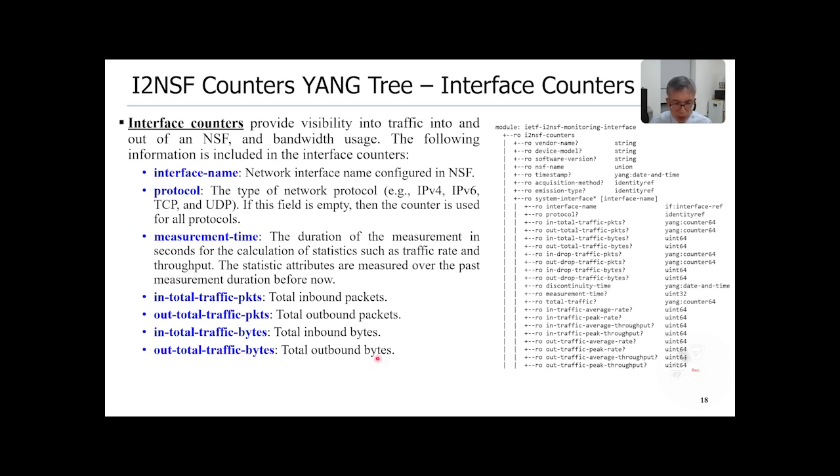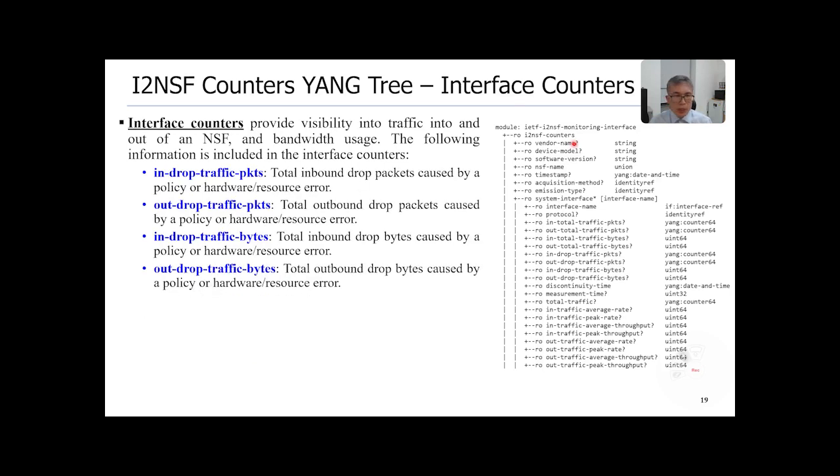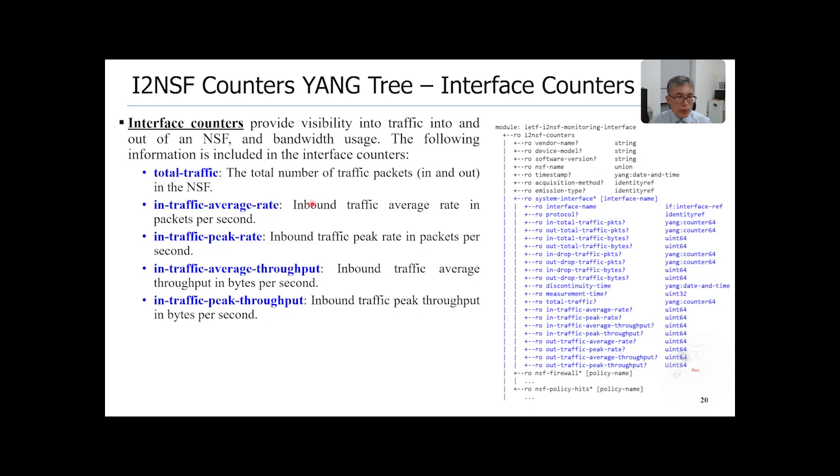in terms of total outbound bytes. So on the right hand side we can see the I2NSF counters Yang tree, and also the in and out traffic packets and traffic bytes. Also total traffic, in traffic average rate, in traffic peak rate, in traffic average throughput, in traffic peak throughput, such as inbound traffic peak throughput in bytes per second, right?